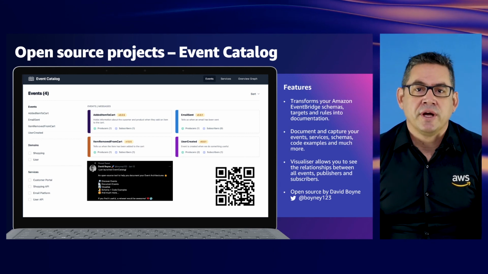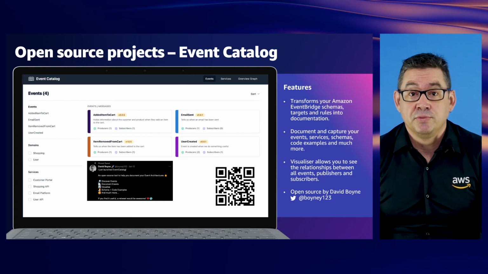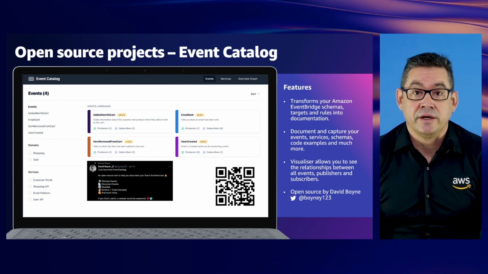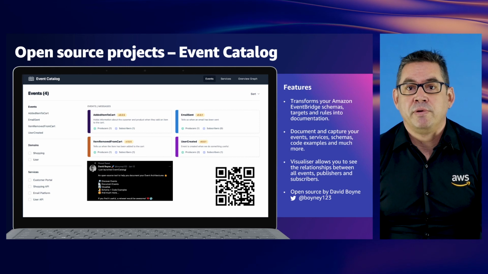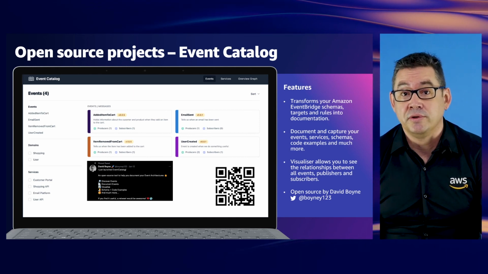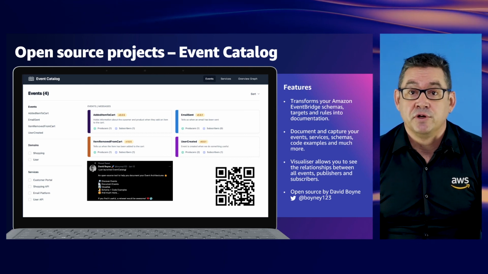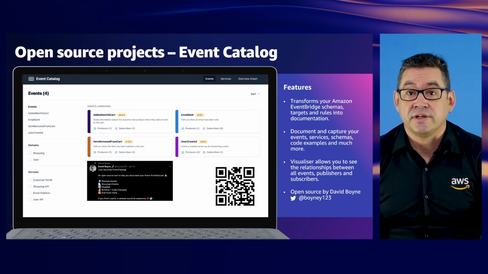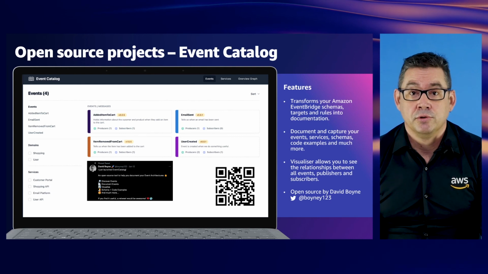Once deployed, this tool transforms your event schemas, rules and targets into documentation. It provides extensibility to further annotate your event catalog with code samples, and even provides visual representations of how events are connected, mapping producers to consumers.